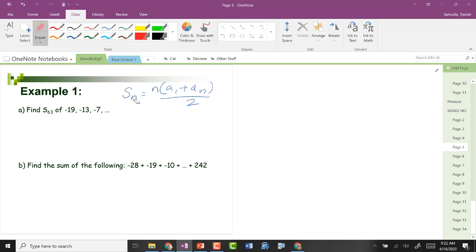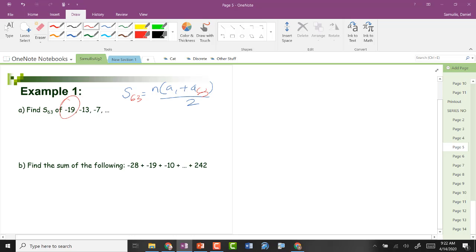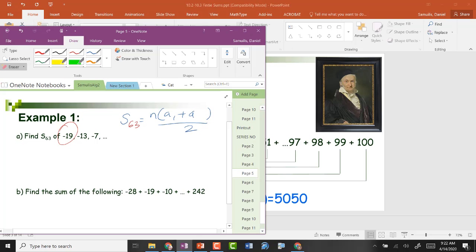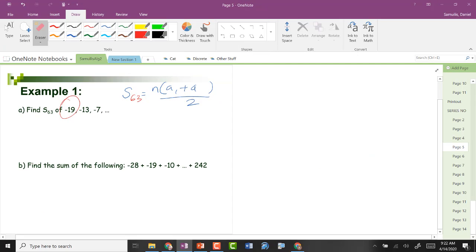Since we want the sum of the first 63 terms, we need to know the 63rd term. We know the first term, a sub 1, is negative 19, but we need the 63rd term, so you have to use your arithmetic sequence formula to find it.